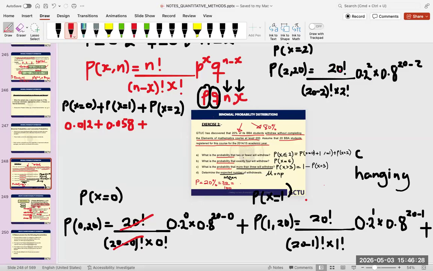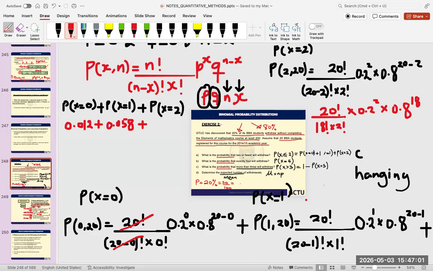You see, it's easy. Last one, 20 factorial, divided by 20 minus 2, which is 18. So 18 factorial times 2 factorial, multiplied by 0.2 squared, multiplied by 0.8 raised to the power 18.